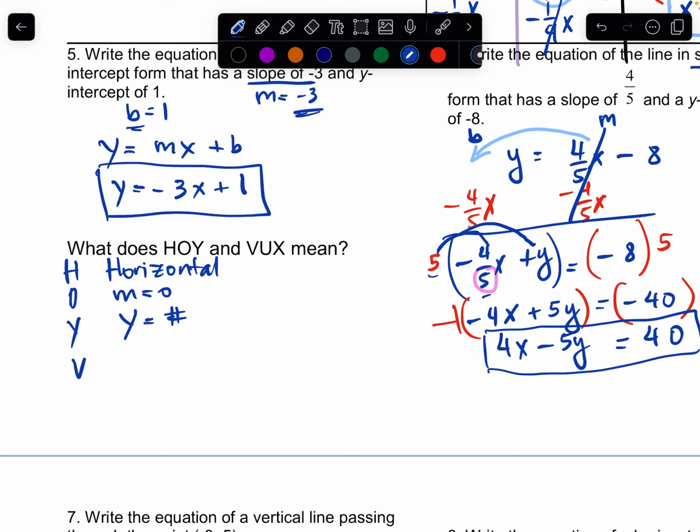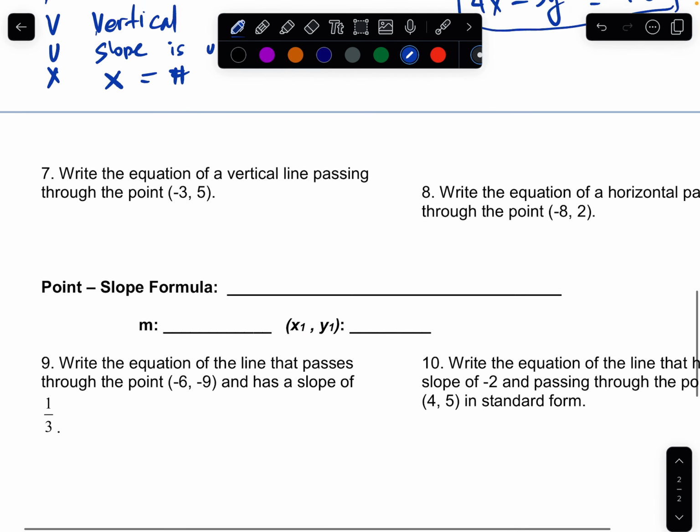VUX means you have a vertical line. Your slope is undefined, and your equation is x equals some number.